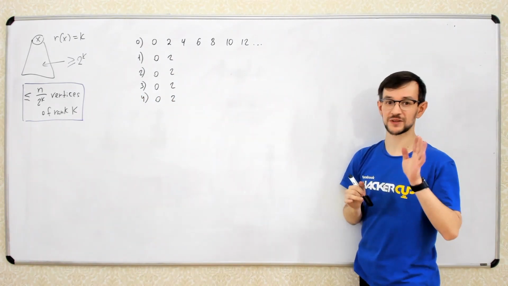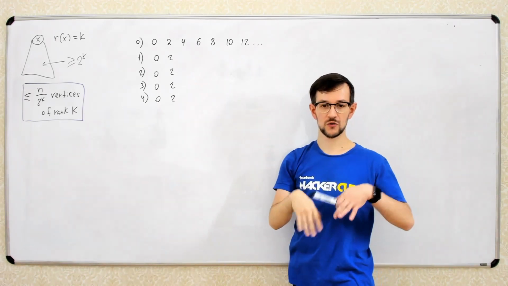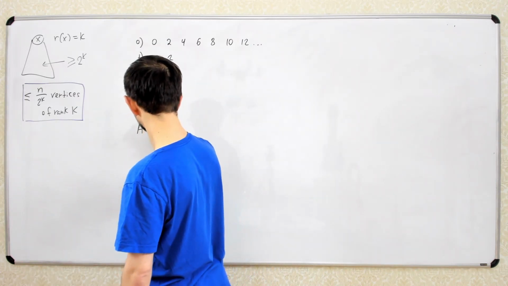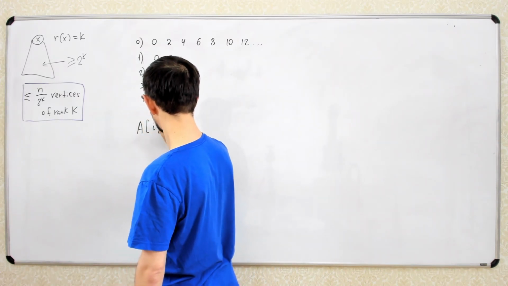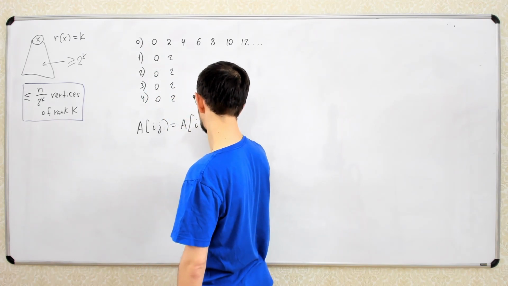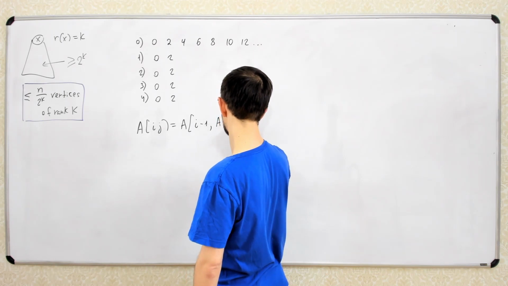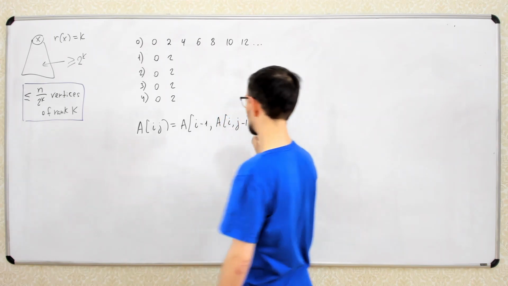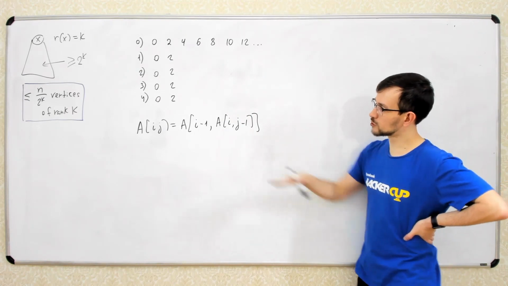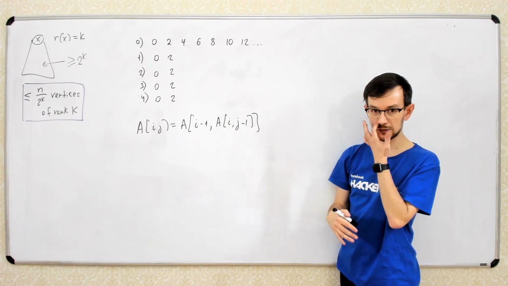And now, to fill all this part, we will use the following recurrent formula: A[i][j] will be equal to A[i-1][A[i][j-1]]. Now we will use this formula to fill all the values in these sequences.